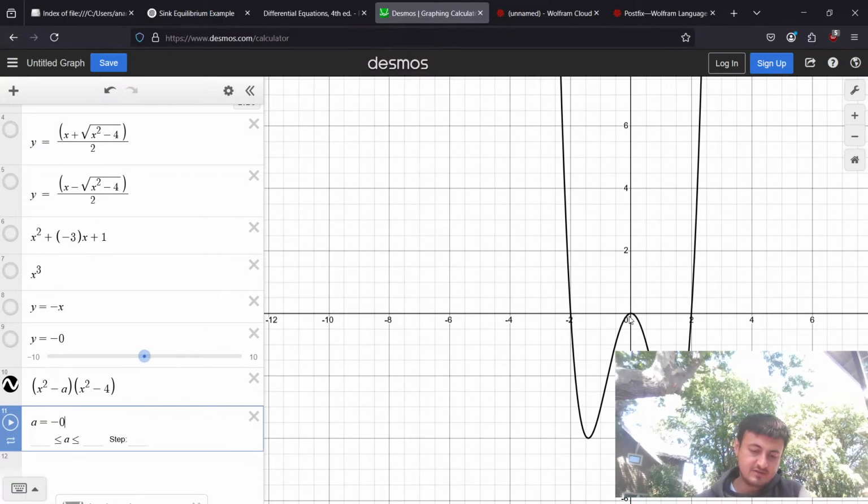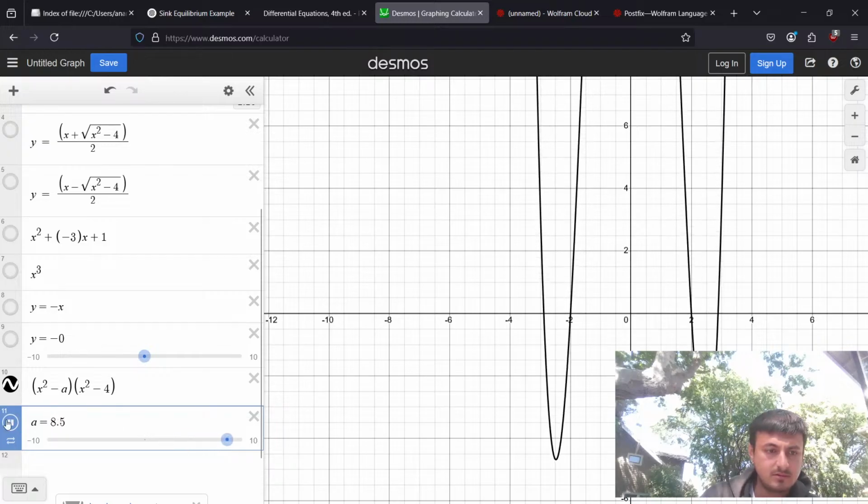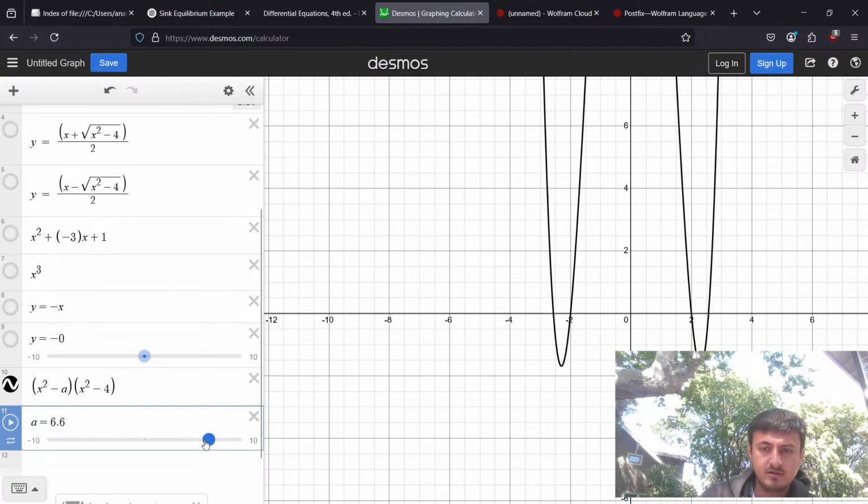If we recognize y squared minus a, or minus 4 squared, only has 2 solutions.